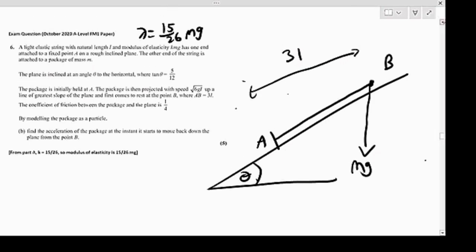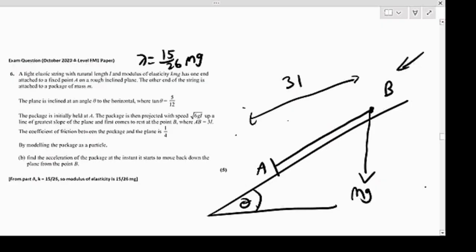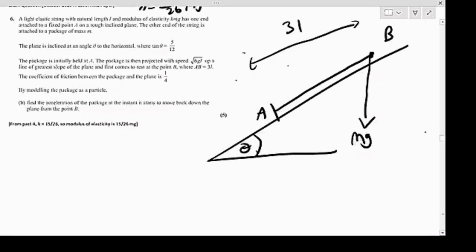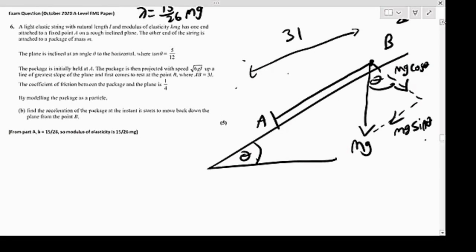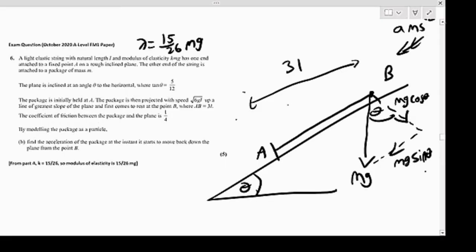So this is theta. So down here it's going to be mg cos theta, and there mg sin theta. Okay. Then it's going to have a reaction force R.